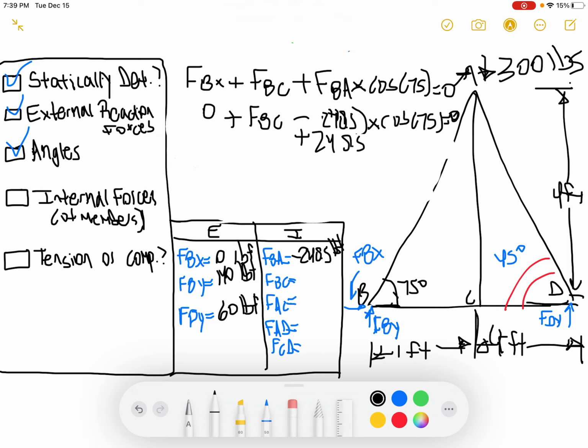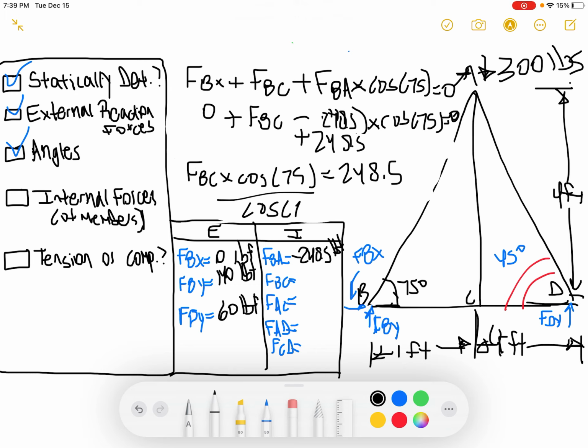Then this just goes away because it's 0. So we just get FBC times the cosine of 75 equals 248.5.